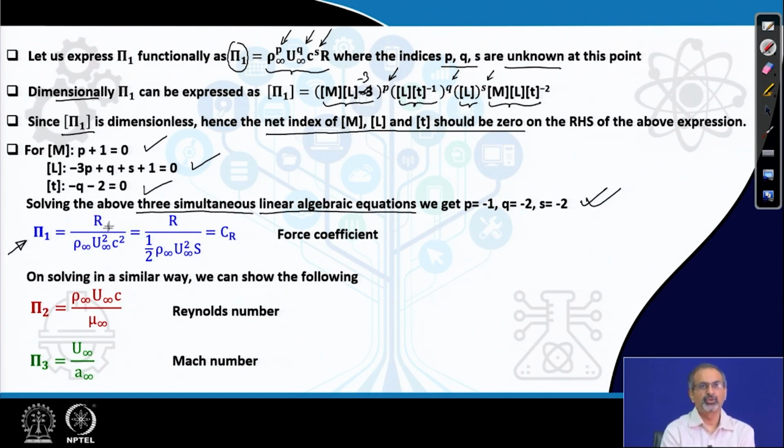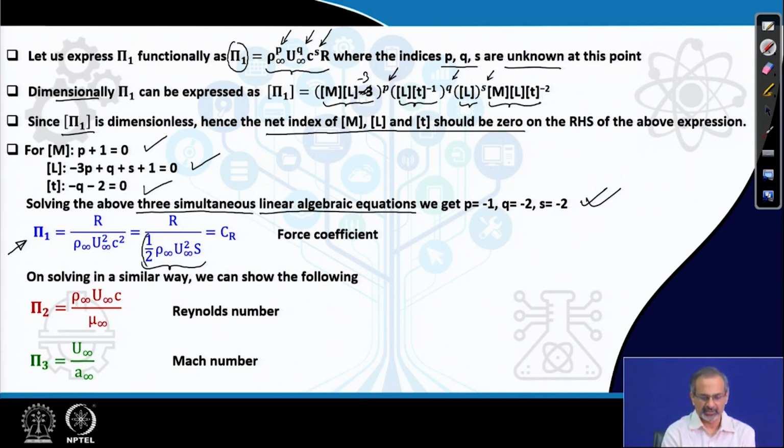Pi 1 has come out to be r by rho infinity u infinity square c square, which can be rewritten like this without affecting the dimensionality, because you still have a non-dimensional group here.